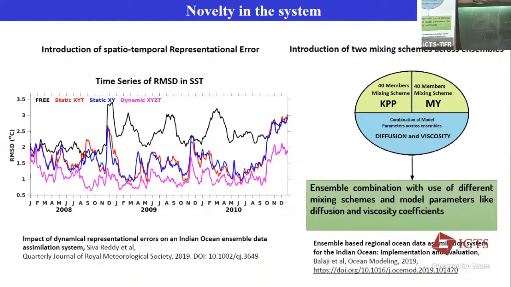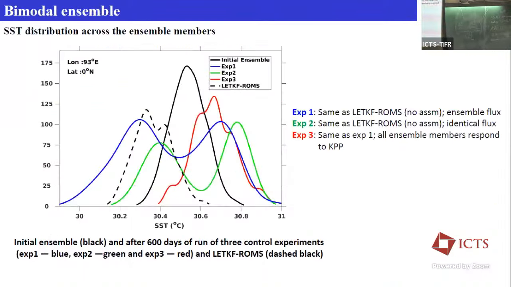You can see it here. This is the distribution that we started with, the black one. Because of these two different mixing schemes, KPP and Mellor-Yamada, my distribution has become this blue one.